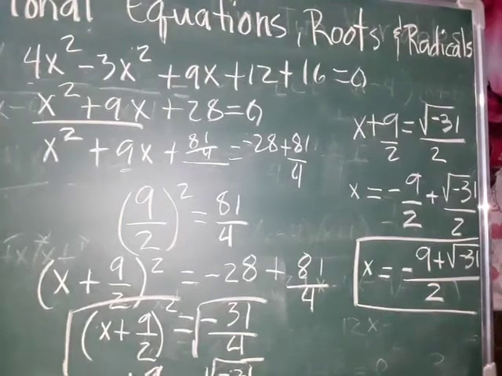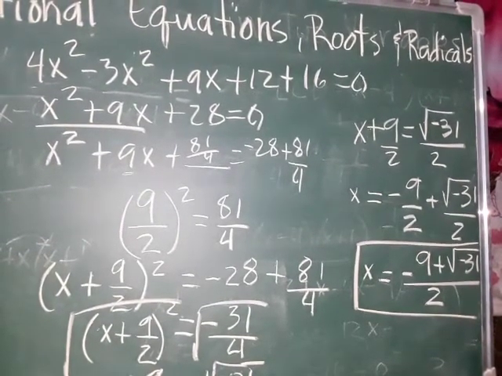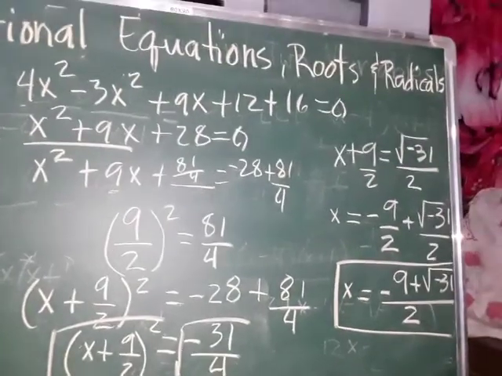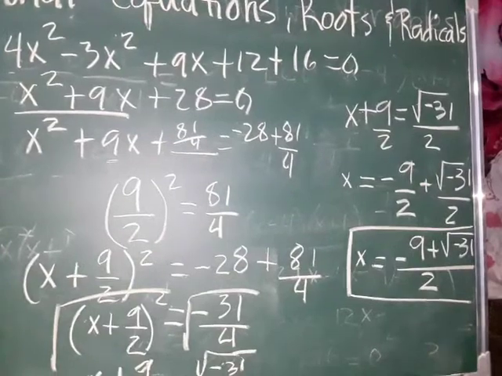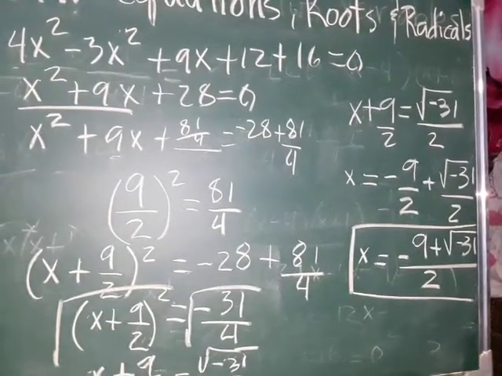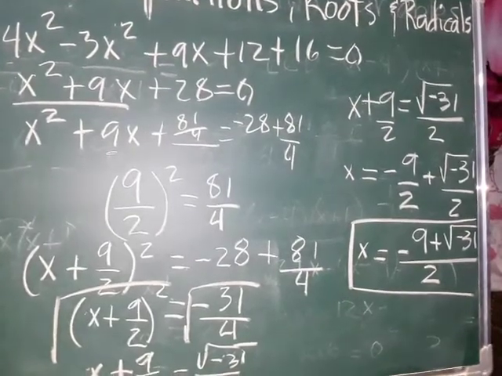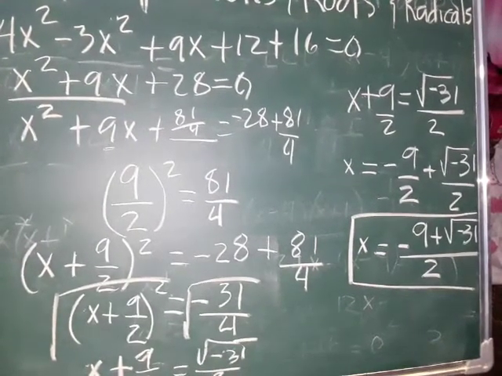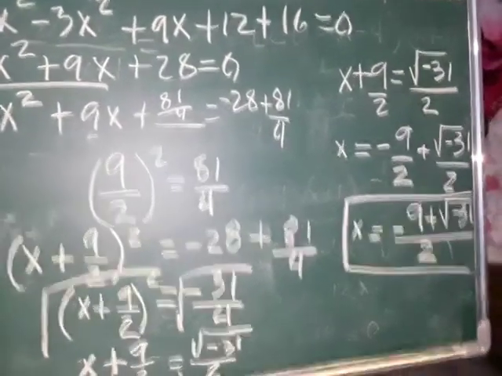And then solve for the resulting equation. And if it contains a radical, repeat step number 1. And then next, check to determine if the roots of the resulting equation are roots of the original equation. And if not, reject any such root as an extraneous value.